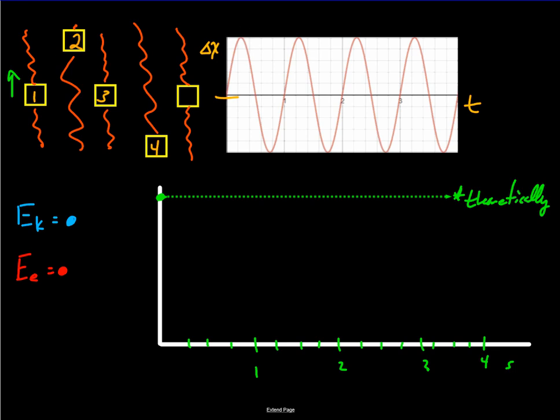Well, when I get to here, when this thing is maximally displaced positively, my kinetic energy will have dropped to 0. Correct? And then when I get to here, I'm back to max EK. Yes, it's downward, but remember, kinetic energy is always positive. There's no such thing as negative kinetic energy. Here again, it's at 0, and here again, it's max.